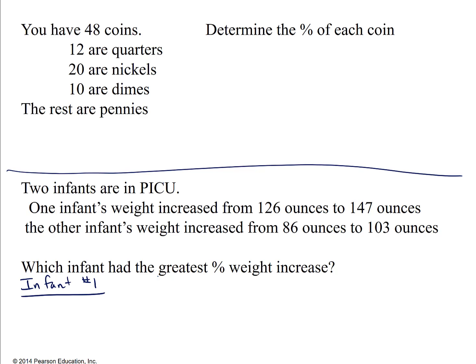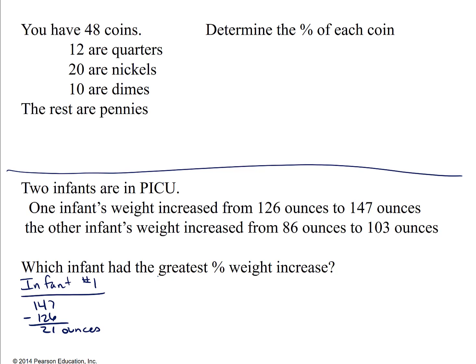What was the increase for infant 1? What was it? It was 21 ounces. You just subtract. So I subtract the original weight from the final weight. They gained weight. So 147 minus 126 tells me that baby 1 gained 21 ounces.